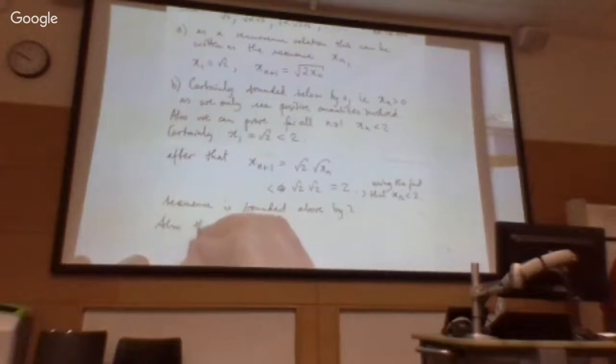Also, the sequence is increasing. Since if I have xn plus 1, by definition, that's the square root of 2 times the square root of xn.